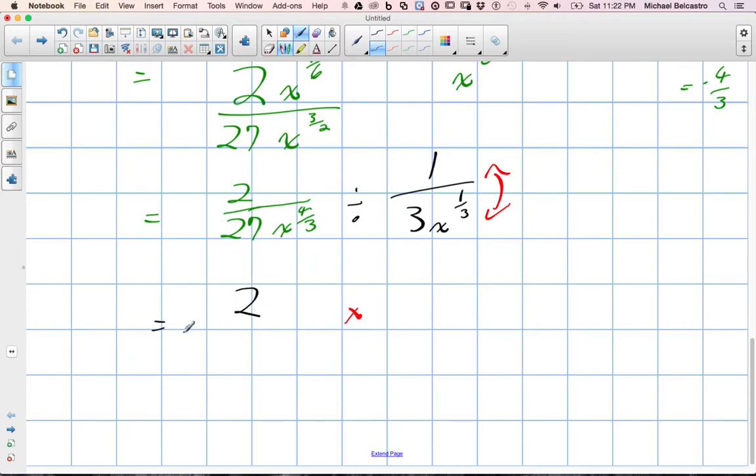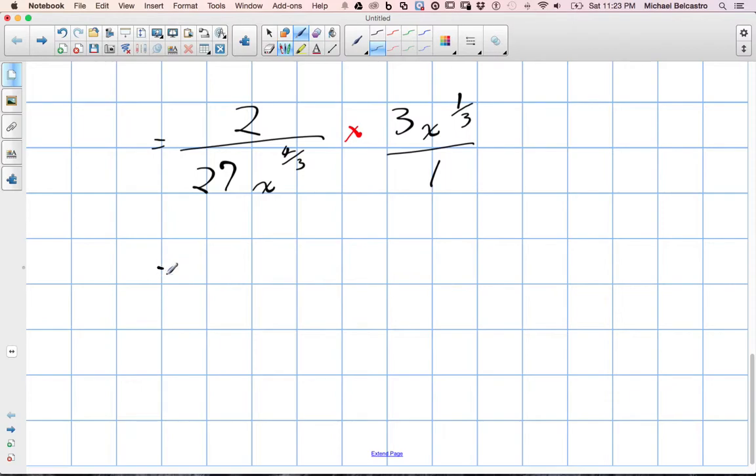So you get 2 over 27x to the power of 4 over 3 times, we invert this, so 3x to the third over 1. Multiplying fractions, top by top, bottom by bottom, we get 6x to the third over 27x to the 4 over 3. And we'll focus on just the x's again.